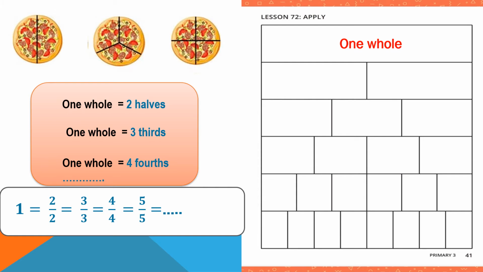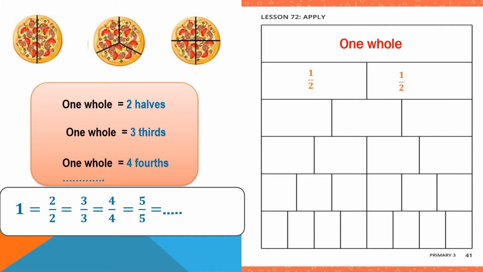But the second bar is divided into 2 equal parts. So this is half and this is half. Let's write it. Half, half. And we know that we can write half as 1 over 2.